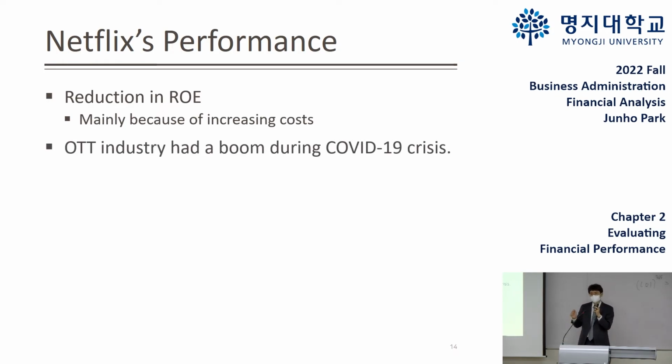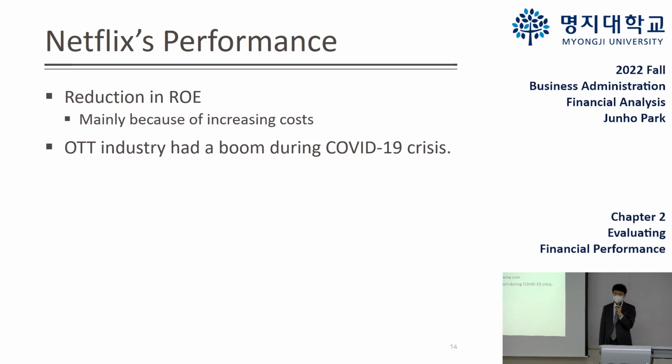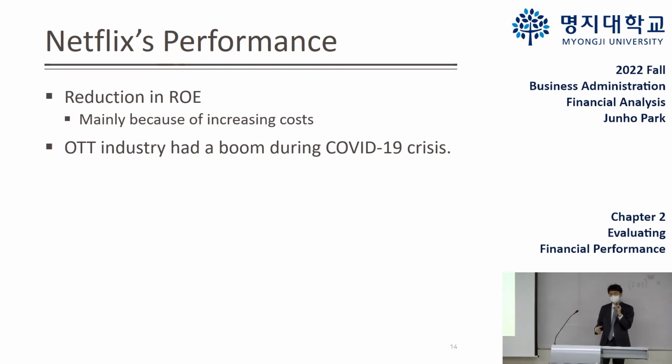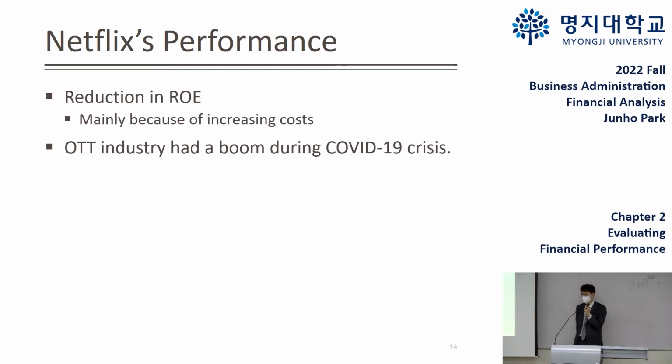First, the OTT industry had a boom during the COVID-19 crisis. So starting from January 2020 to last year, everyone was required to stay at home and they had nothing to do. So they started watching videos on YouTube and Netflix and other services. So the OTT industry had a boom, right?